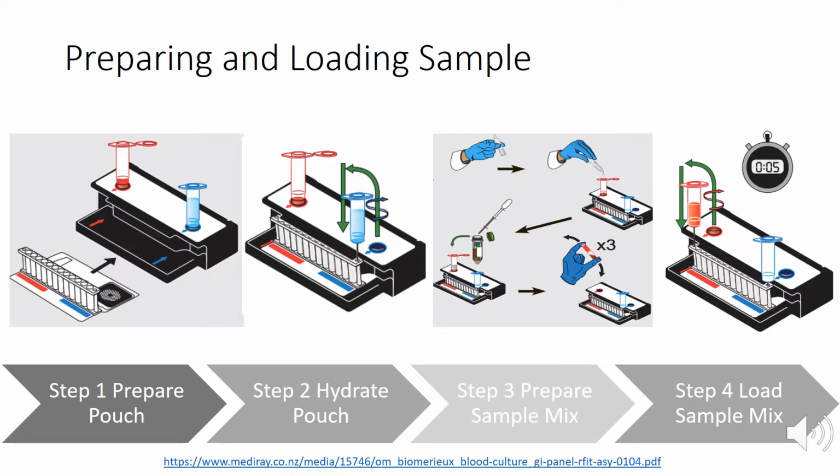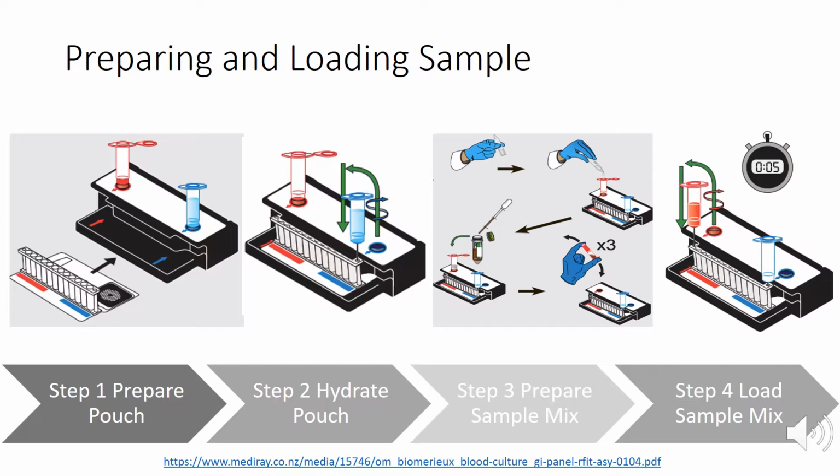In step 2, we see that the hydration injection vial is removed from the loading station and placed into the port. Once the vial has been inserted into the port, the liquid from the vial begins to flow into the pouch. In step 3, the sample buffer and the patient sample are transferred into the sample injection vial.